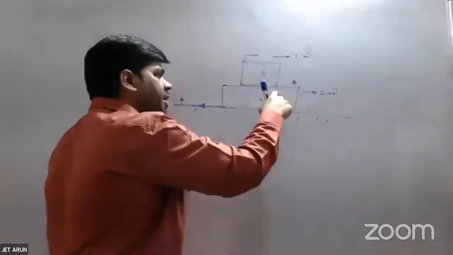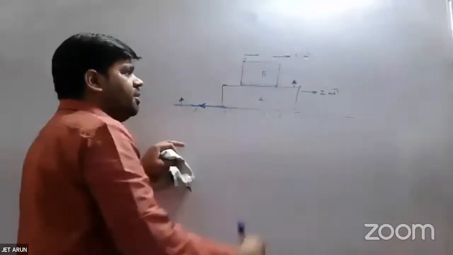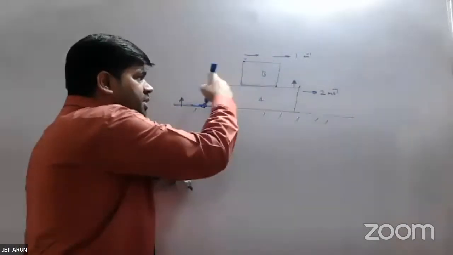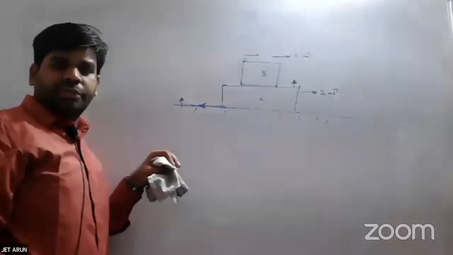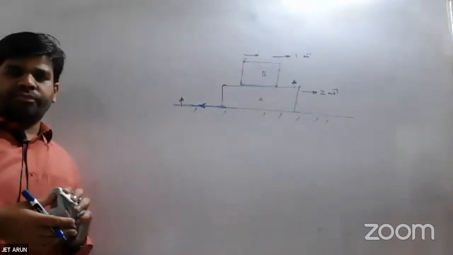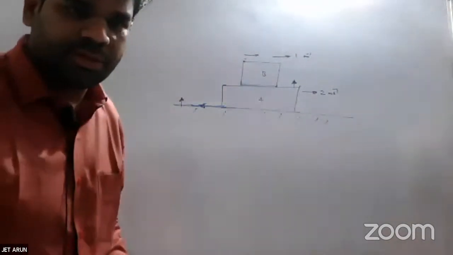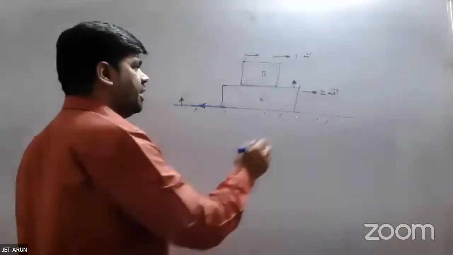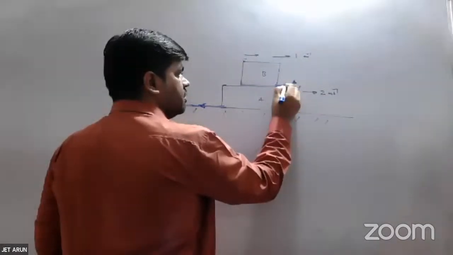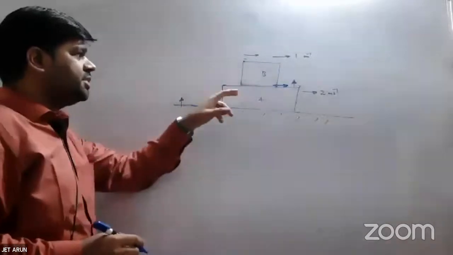So B is moving on A, so I stand on A and decide what is happening. When I stand on A, does block B seem to go towards the left or right? In which direction does the block seem to go? Left. That's good. Left. That means if it's going towards the left, my friction is towards the right.